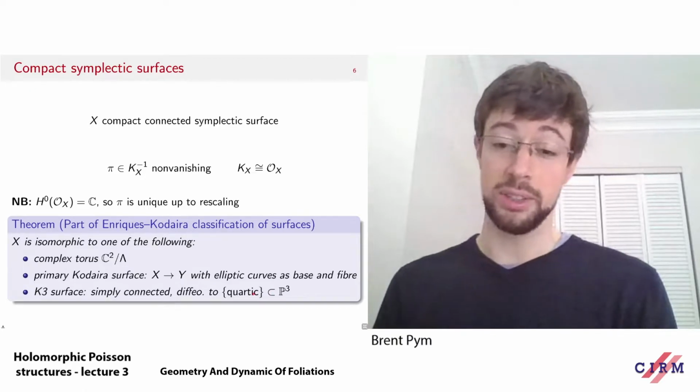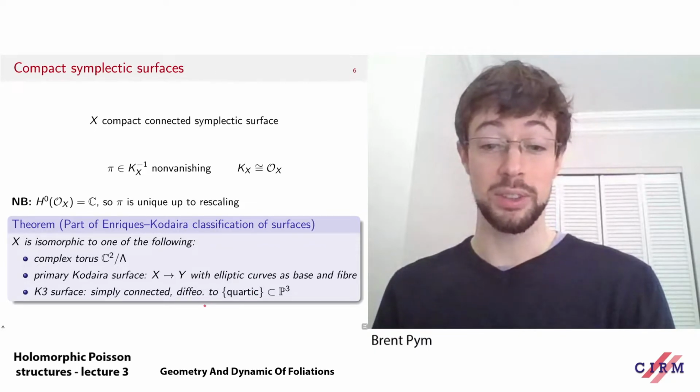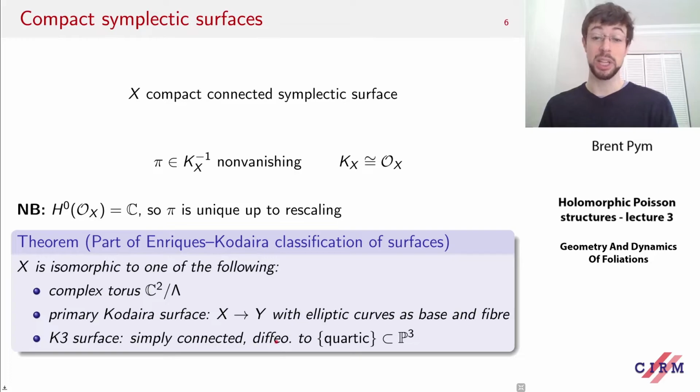Not all K3s arise in that way, but they're all diffeomorphic as a C infinity manifold to such a thing. The complex structure and the symplectic form may be different. So that's it for compact symplectic surfaces. The study of all these different examples is a very rich subject, but I'm just going to skip right over it and continue on to the higher dimensional situation.